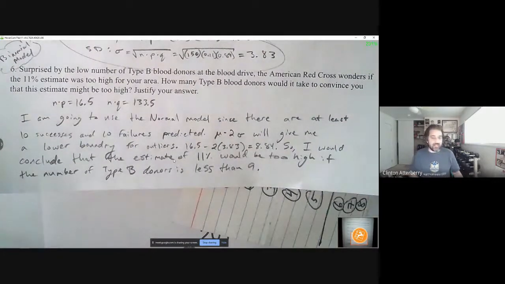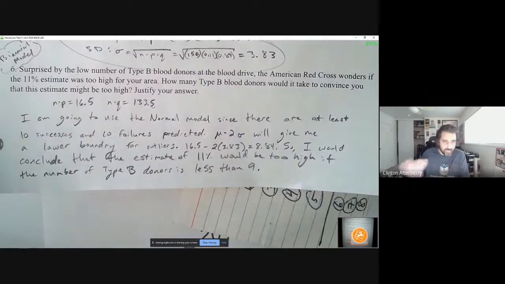As you can say, I'm going to look at my number of successes, my number of failures that I'm predicting. I'm expecting about 16.5 people, about 16 or 17 plus or minus a little bit, to have type B, and then likewise about 133, 134 plus or minus a little bit to not have type B. So if they're coming at me saying that the 11% was too high for your area, you would say, well, how many did you get?